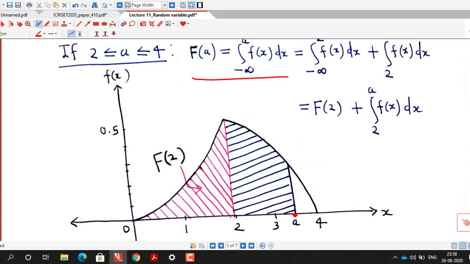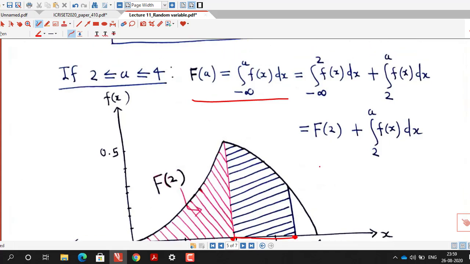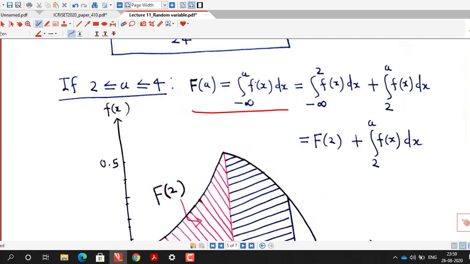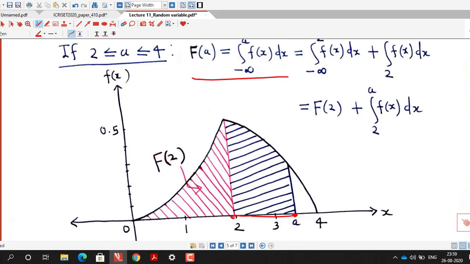But now we consider minus infinity to a in two parts. We consider the integral up to 2 and then from 2 to a. Minus infinity to 2 means the area to the left of 2, plus 2 to a.